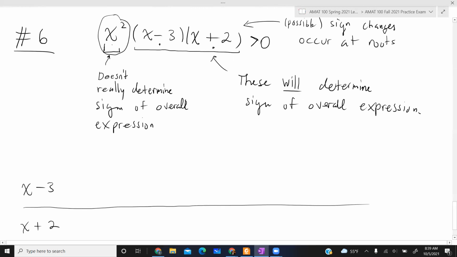So first of all, I'm writing a lot. You don't have to write all of this stuff right here. I'm just trying to be thorough in the explanation. You don't have to point out that this doesn't really determine the sign, or write the fact that sign changes occur at the roots.